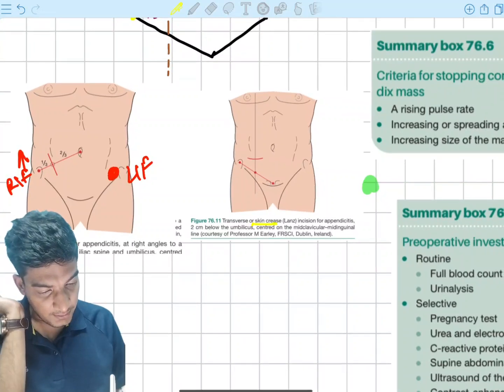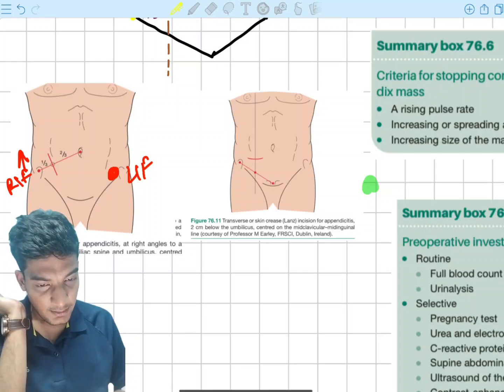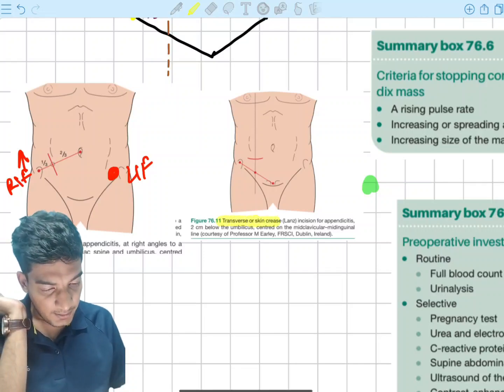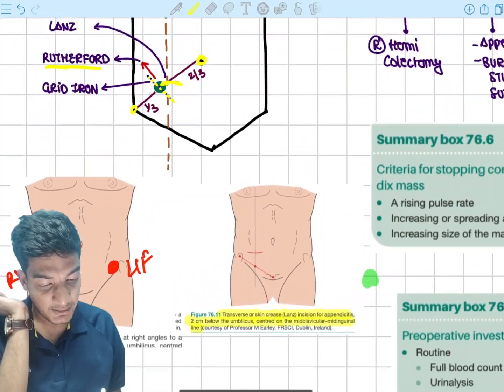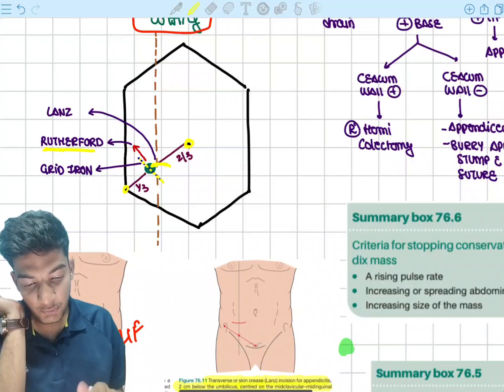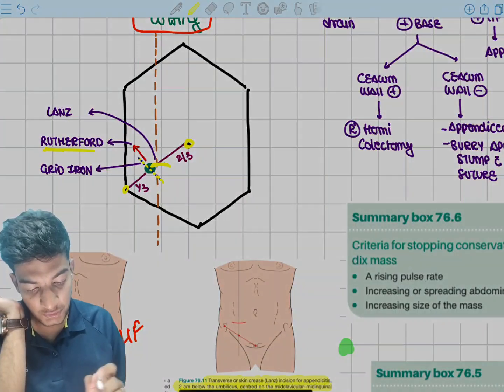Above the McBurney point, about 2 centimeters. Transverse skin crease, Lanz incision for appendicitis, 2 centimeters below the umbilicus, centered on the mid-clavicular mid-inguinal line. So mid-clavicular and mid-inguinal, centered 2 centimeters below the umbilicus.